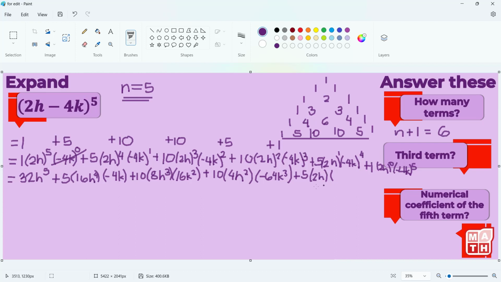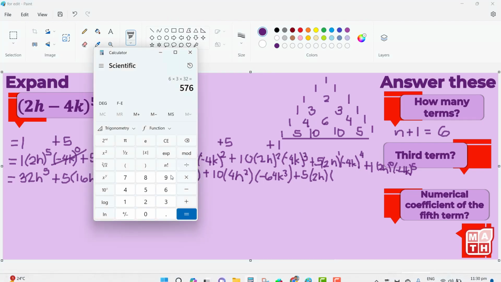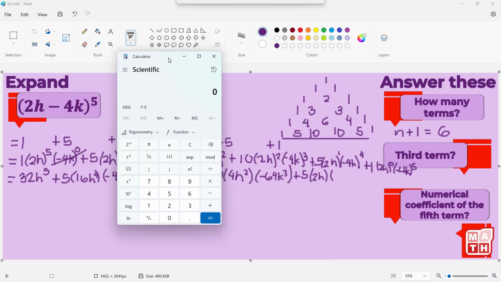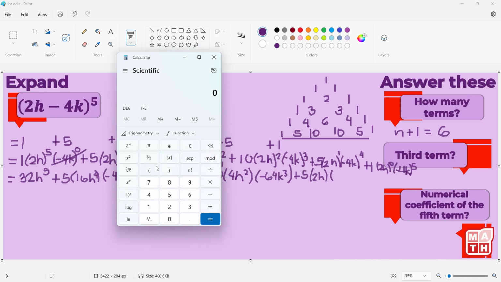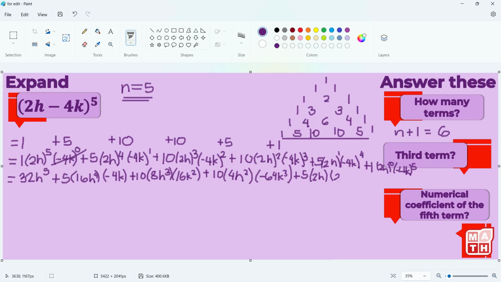Let's also use a calculator if you would like to. You could use calculators here. I do have a calculator here, so let's try to check this. So we have negative 4 raised to the power of 4. That's 256. That's right. You have 256 k to the power of 4.